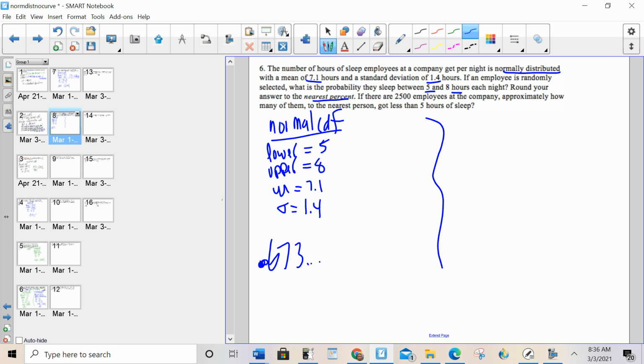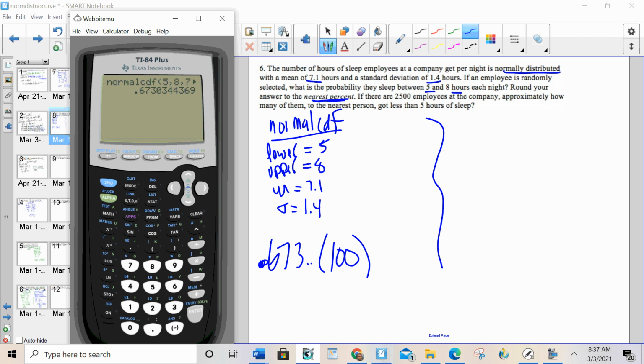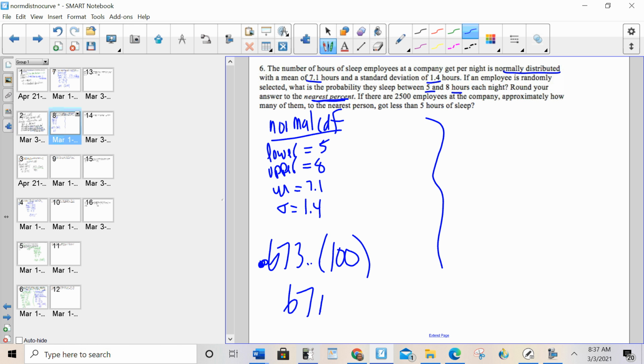If it just asks for a probability, I'm done. If it wants a percent, multiply by 100. If it wants a quantity or number of data points, I multiply by the total quantity or number of data points. This question wants the nearest percent, so I'm multiplying it by 100. When I hit times, it just takes the previous answer and multiplies it by 100, in case you're wondering. The nearest percent, that's 67%.